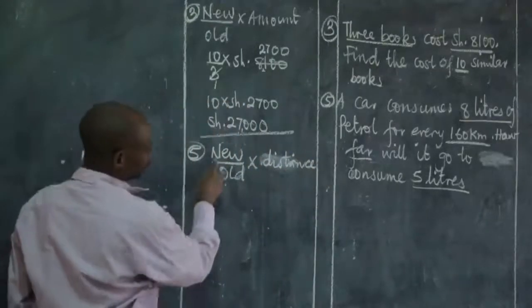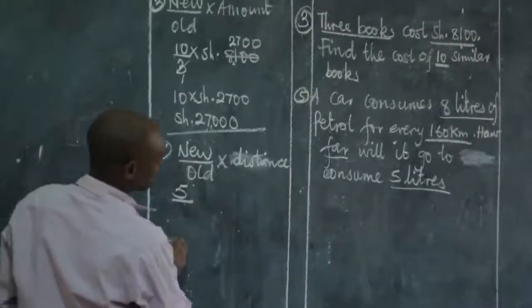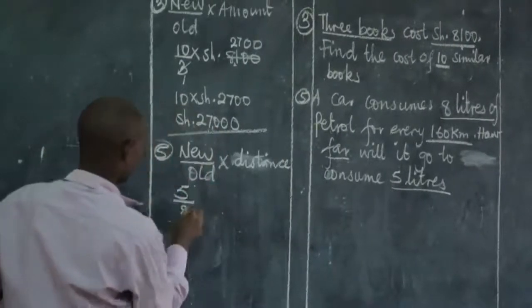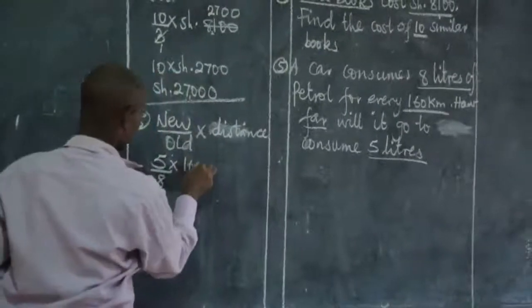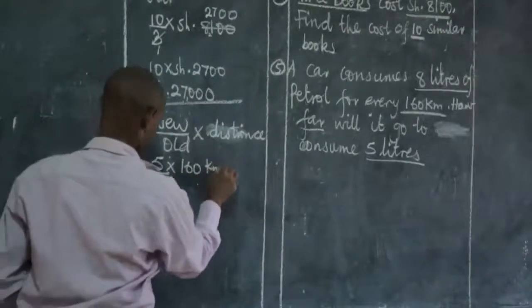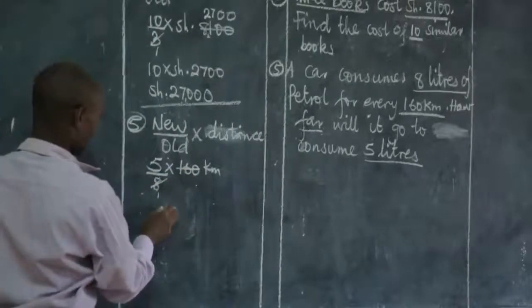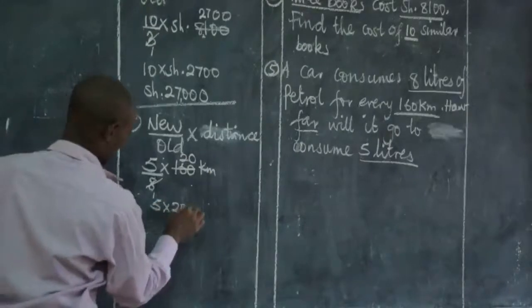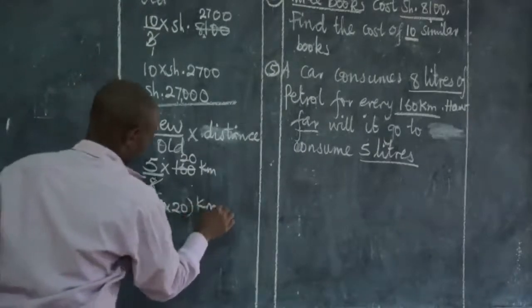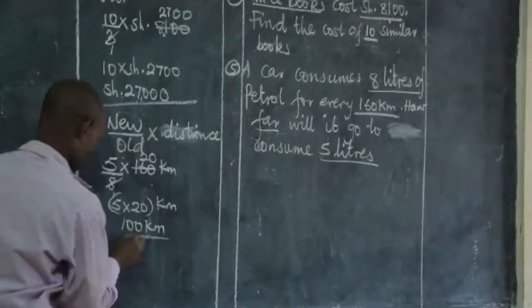Okay? So which one is new? It becomes 5 out of the old one, and the old one is 8. Then we multiply by the distance, which is 160 kilometers. When you divide by 8 is once. When you divide by 8, that is 20. So we have 5 times 20 kilometers, which will give you 100 kilometers.